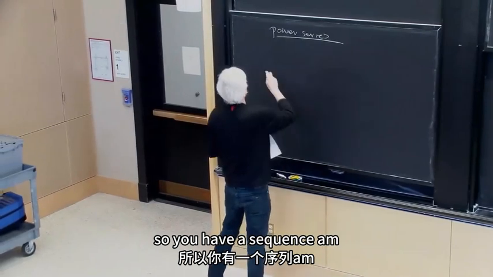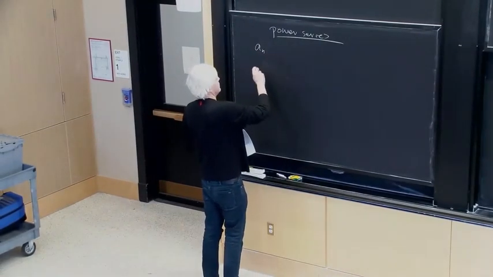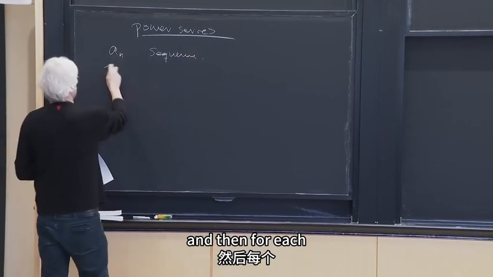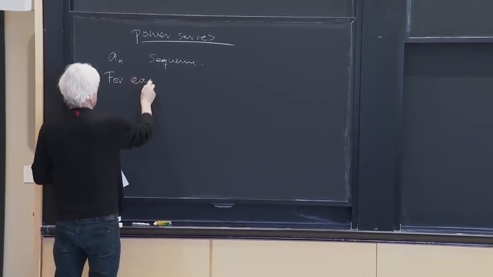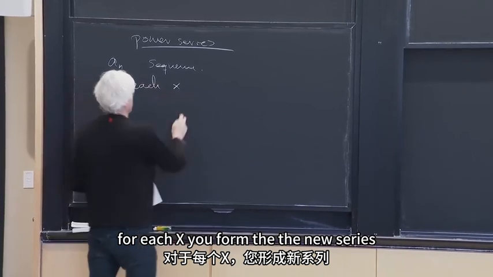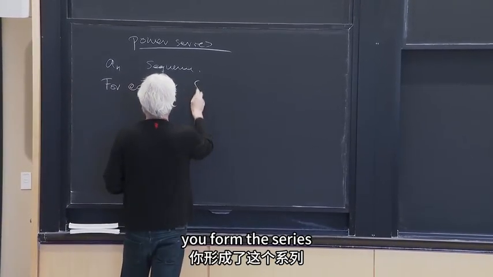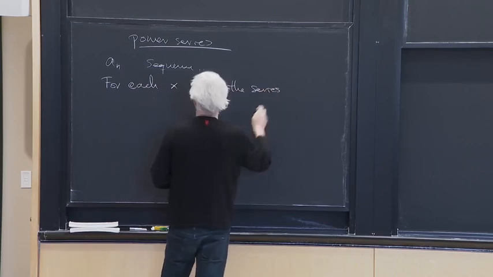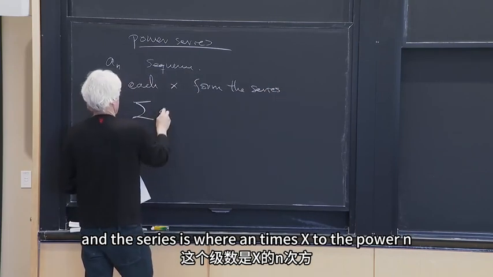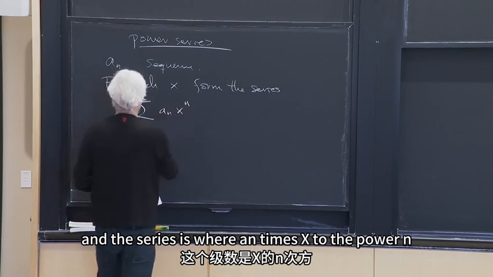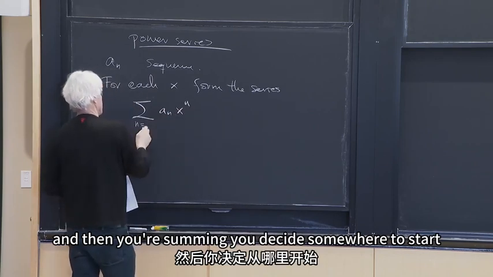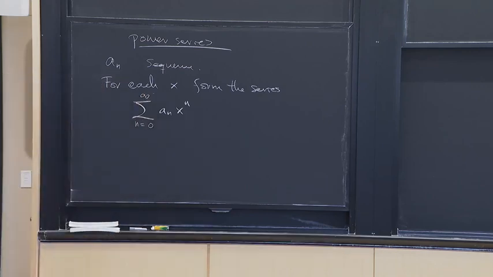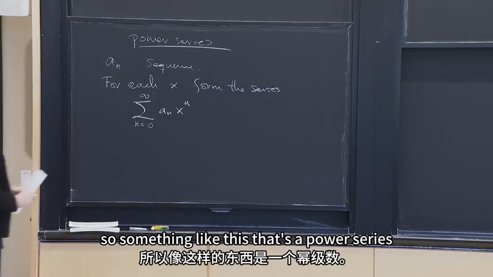You have a sequence a_n, and then for each x you form the new series, where a_n times x to the power n, and you're summing, you decide somewhere to start, and then you're summing to infinity like that. So something like this, that's a power series.